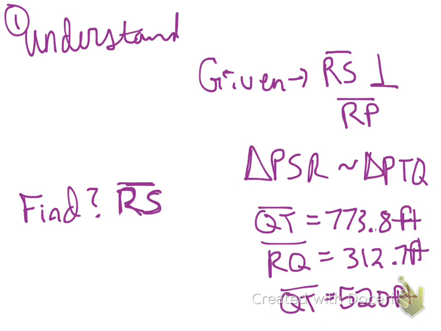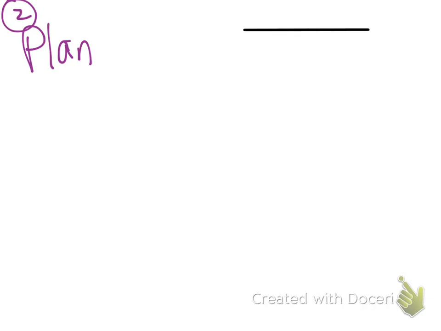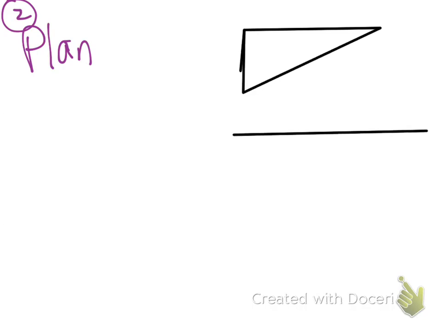Okay, so we're going to make a plan. Our plan is, I'm going to go ahead and redraw these two triangles. Step 2, make a plan. And I'm going to use similar triangles, what I know about them in order to carry out and find our segment RS. So I'm going to redraw my two triangles here.